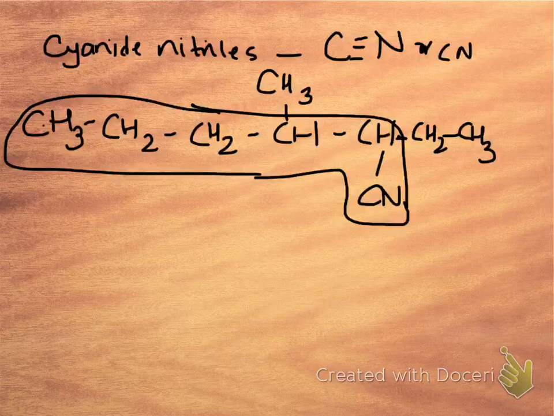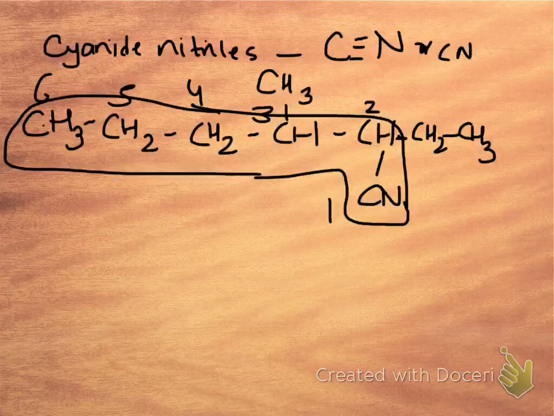Now number them starting from CN: 1, 2, 3, 4, 5, 6. So this is 6. Now you should check if any substituents are present here. Yes, you can check.